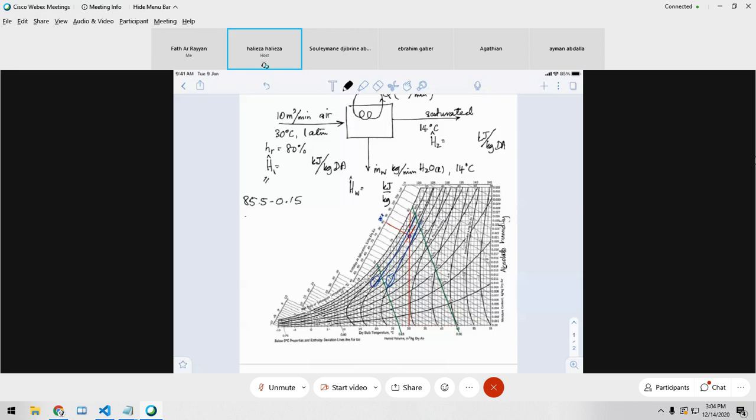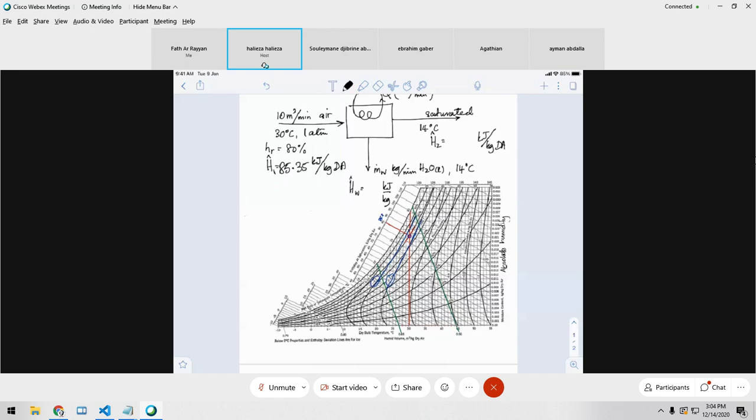If you calculate that, let me use my calculator. Should be 85.35 kilojoules per kilogram of dry air. So I'm going to write that over here, 85.35. I'm going to erase my calculation. That's how I get my enthalpy for the inlet.